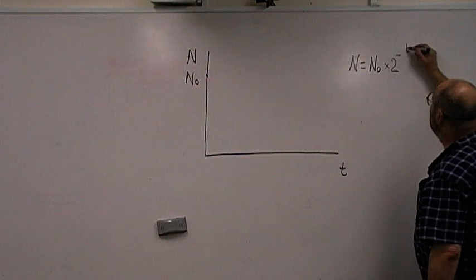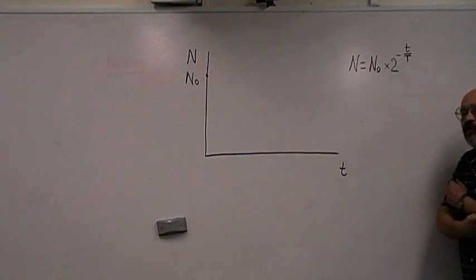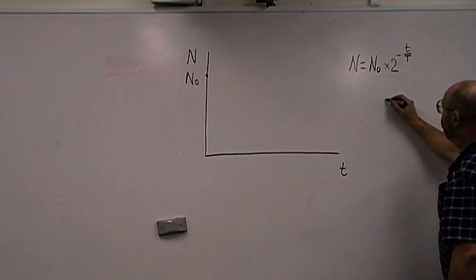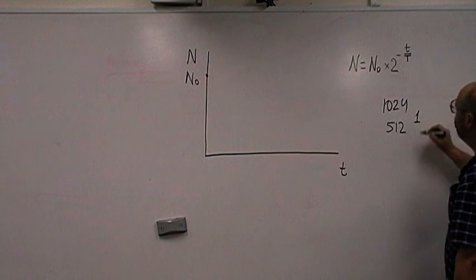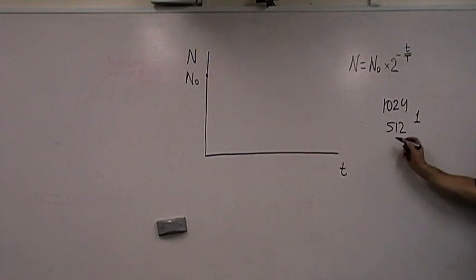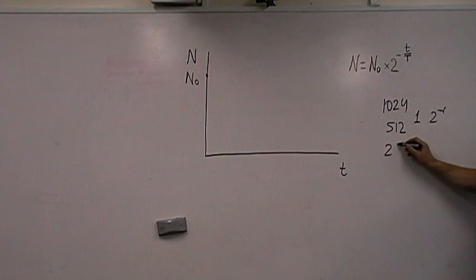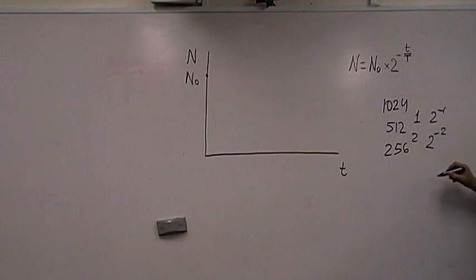The power is negative t divided by the half-life, because that is the number of half-lives that have passed. We have 512, that's 1 period of half-life passed, so we times it by 2 to the negative 1. Then 256, it's 2 periods of half-life, so we divide the initial by 4, so we times by 2 to the negative 2. Then 2 to the negative 3, and so on.